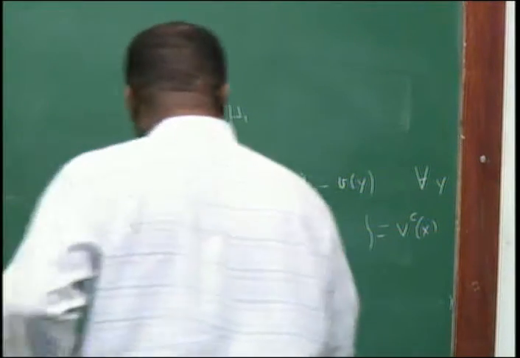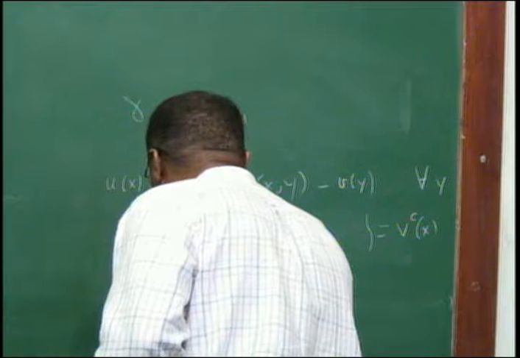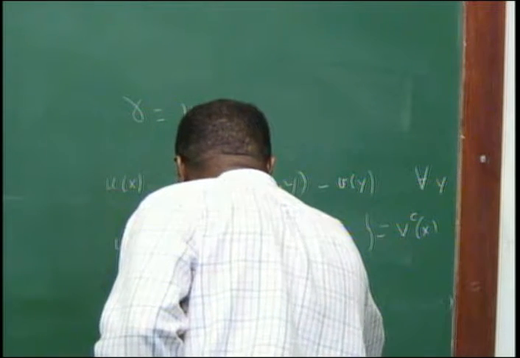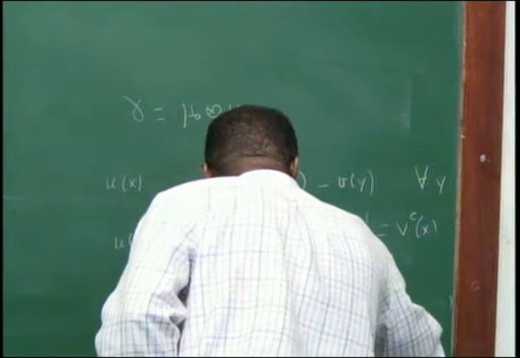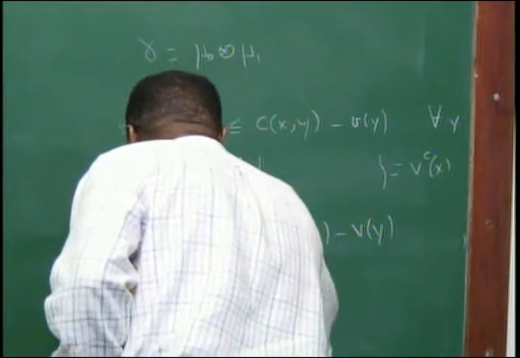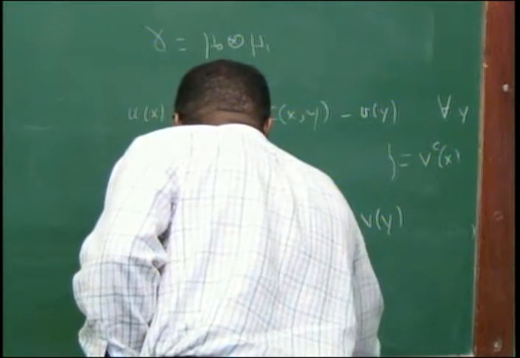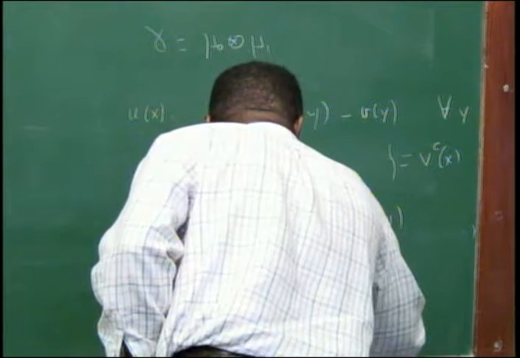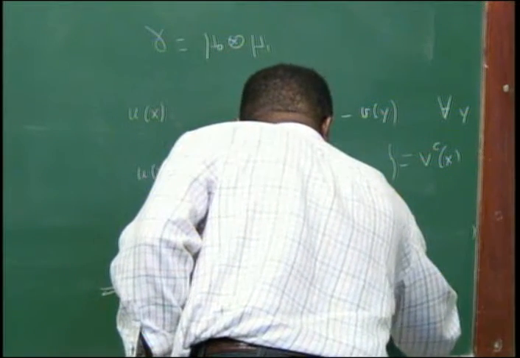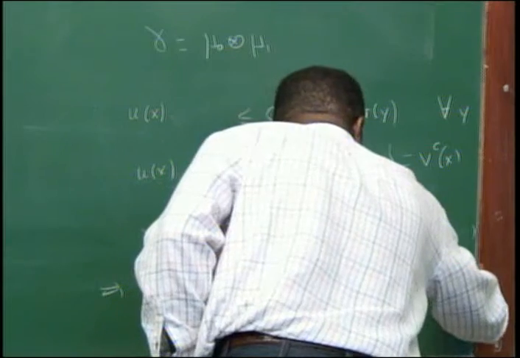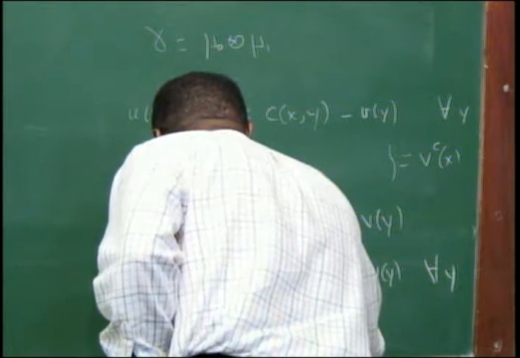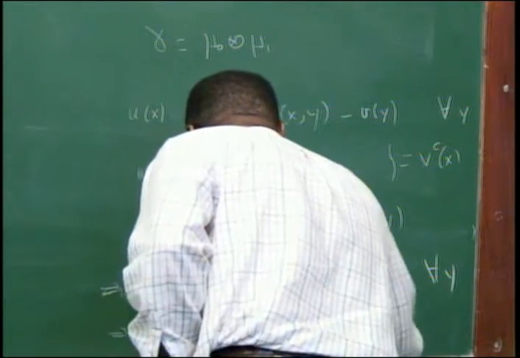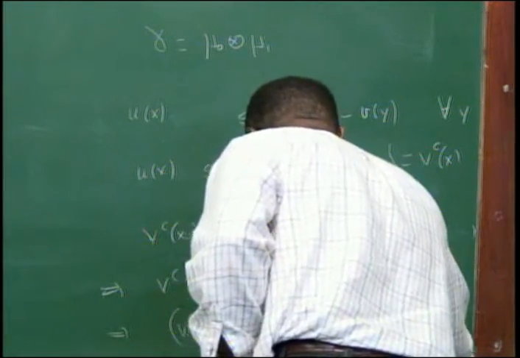But clearly, by definition, vc of x is the infimum over y of c of x,y minus v of y. This implies that vc of x is less than c of x,y minus v of y for every y, which implies that (vc, v) belongs to Uc.